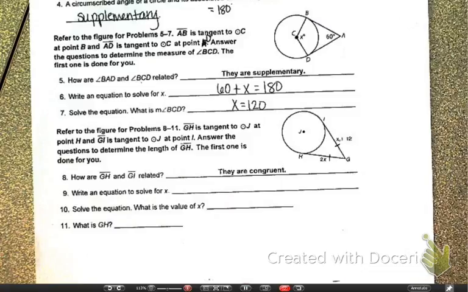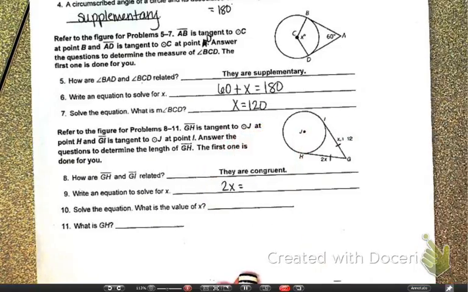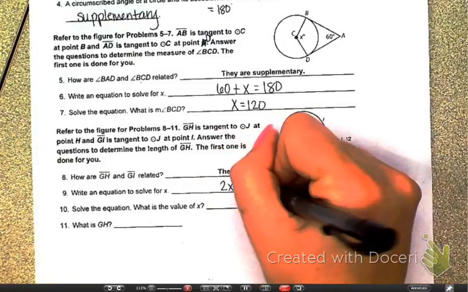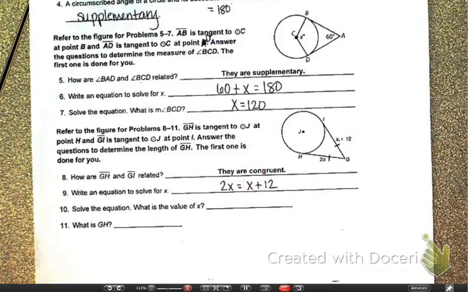Can we write an equation to solve for x? 2x equals x plus 12. They're congruent, so you would just set them equal to each other. And I can solve for x.